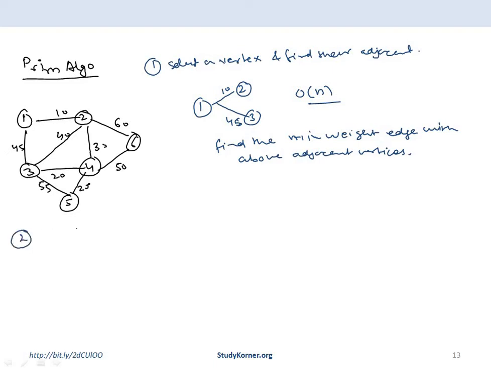The second step is I pick the edge 1 to 2 because this edge has the minimum weight, and I make a set called remaining, in which the remaining edges are added. The remaining edge here is 1, 3 with the weight 45.